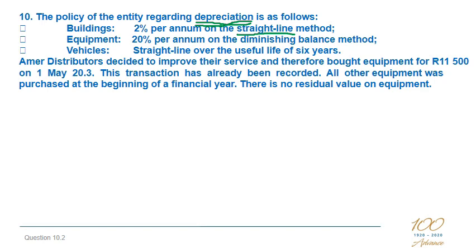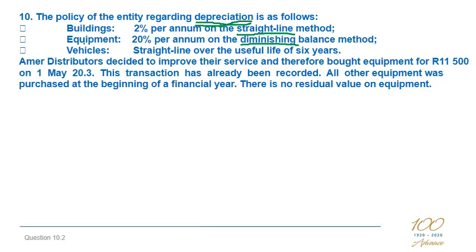Straight line method, formula: cost minus residual times a percentage times an amount of months. For the equipment, I need to calculate depreciation 20% per annum on the diminishing balance method. So diminishing balance formula is cost minus accumulated depreciation times a percentage times an amount of months.